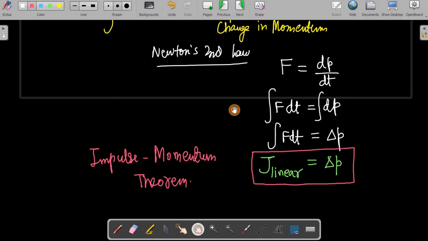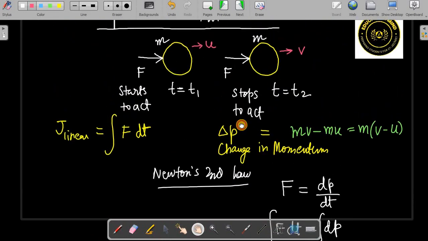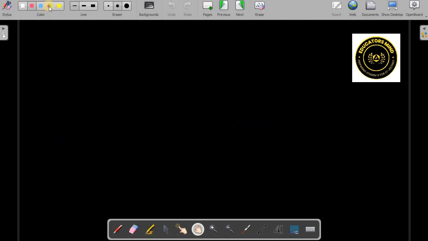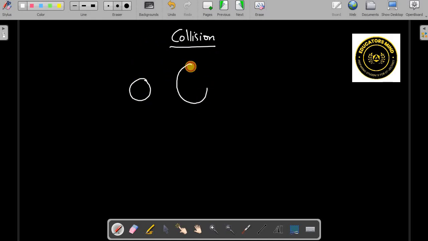Understood? I hope you have understood. Okay, then let's move next. Now let us understand again the same thing, what is meant by collision. What happens during collision. So now we are focusing on collision. So this is one body and this is another body.